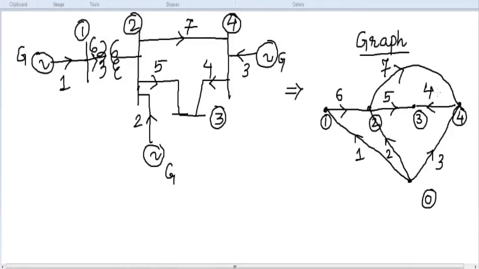Once you are done with the graph, what you have to do is you have to write the total number of elements, total number of nodes, total number of branches and total number of links. So total number of elements, can anyone reply? What is the total number of elements in this case? Very good. So total number of elements is 7.